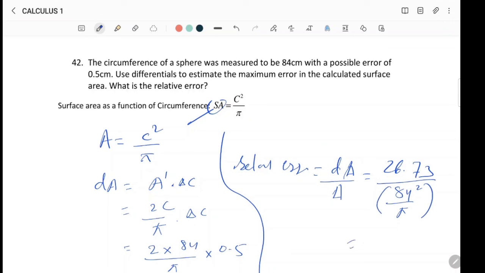Okay, so how much would it be? 26.73 divided by 84 square over pi, which is 0.0119, right?